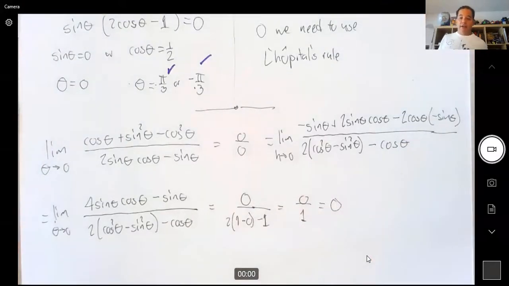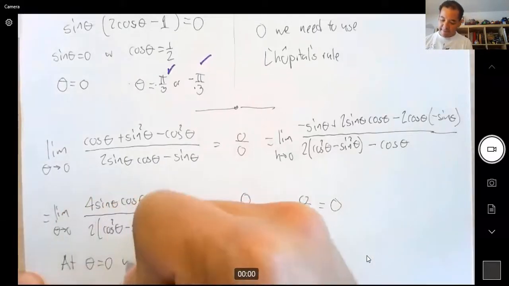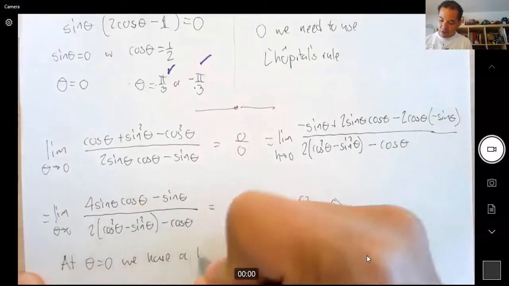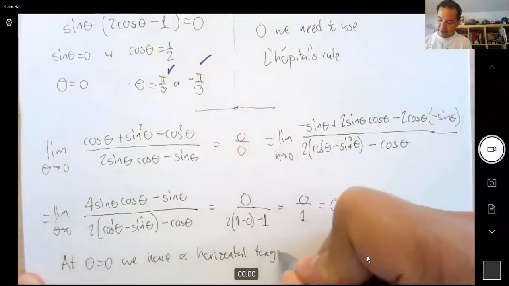All right? So it was 0 over 0, and when we did L'Hopital's, we still got 0. So that means the 0 on the top was a stronger one. So because we got 0, that means at theta equals 0, we have a horizontal tangent line.